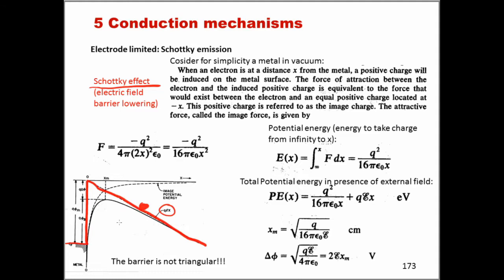That is represented here by this image potential energy, and we can demonstrate that it has this shape. So the real potential energy, which defines the real shape of the bands near the interface with the metal, is the total, this one here.